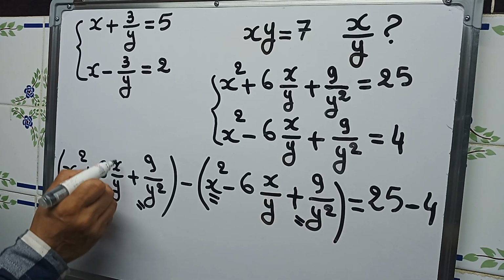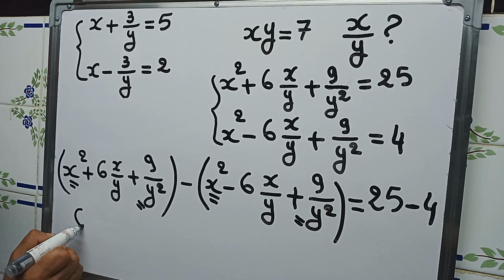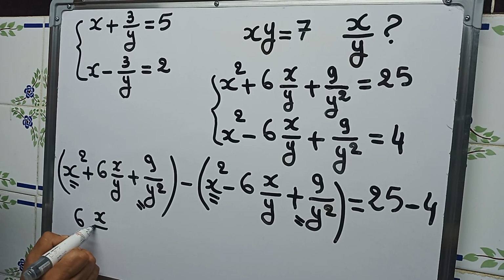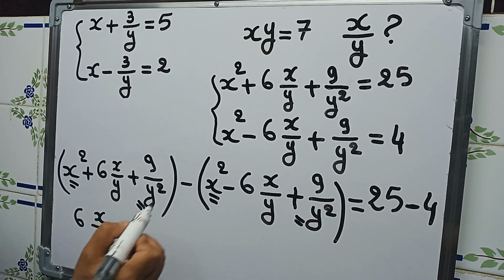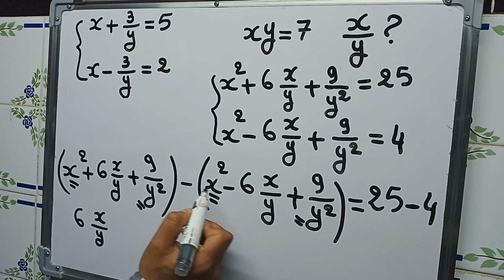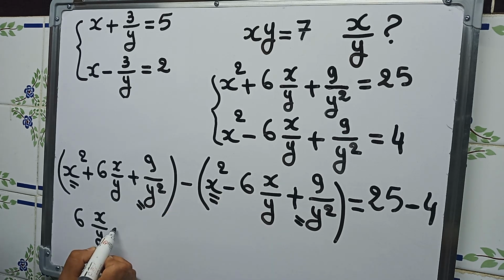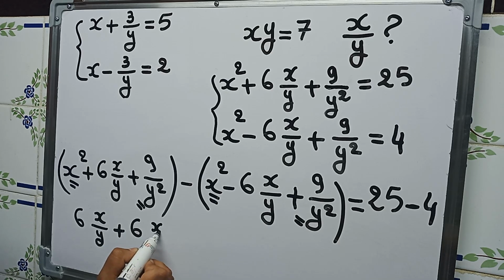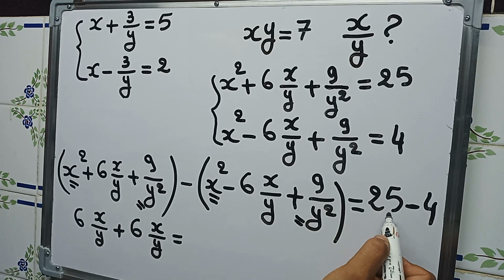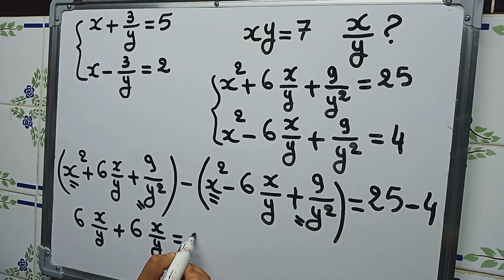So here we will have 6x over y, and here minus minus 6x over y, it's plus 6x over y, is of course equal to 25 minus 4, which is 21.